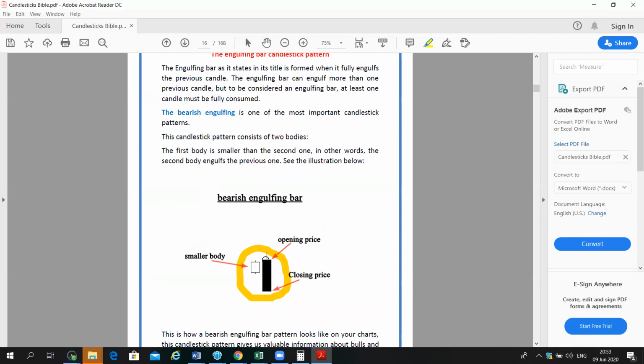This candle is called a bearish engulfing candle. You can call it an engulfing bar because it's two candles, but it's called a bearish engulfing candle in that the bearish candle overshadows the bullish candle. It can sometimes be equal, or the bearish candle is slightly bigger than the bullish candle.